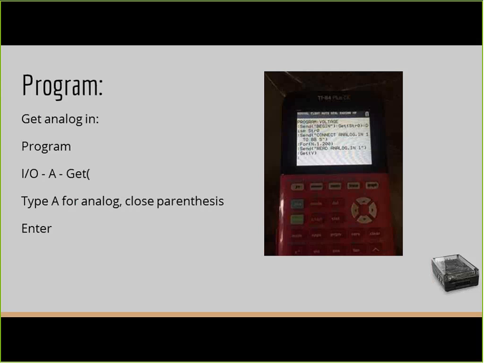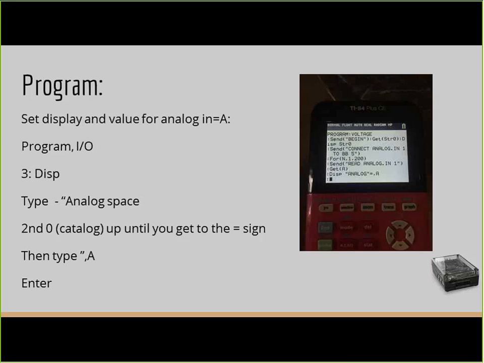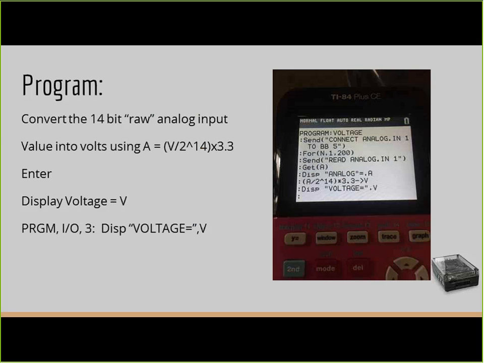I have to send the message back to the calculator, so I'm going to tell it to get that information, and I want you to tell me what it is. Analog is this. And so when we run the program, it will display, DISP tells me to display, analog equals whatever the value was that was received by the Innovator.